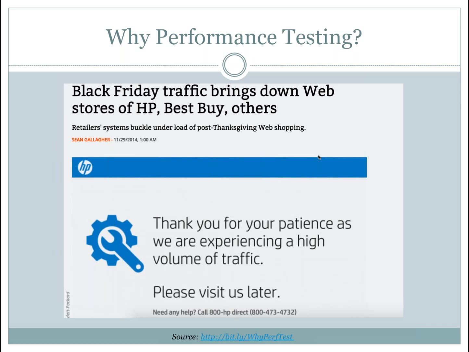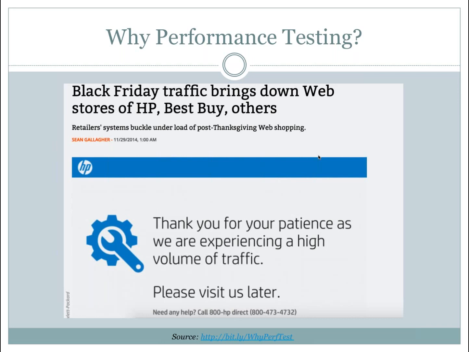These retailers expect to cash in on this opportunity by selling various goods at really cheap prices, and for that they have their inventory piled up and the whole supply chain on top. The last thing they want is their site going down due to a high number of users coming to their site, as shown in the screenshot here.